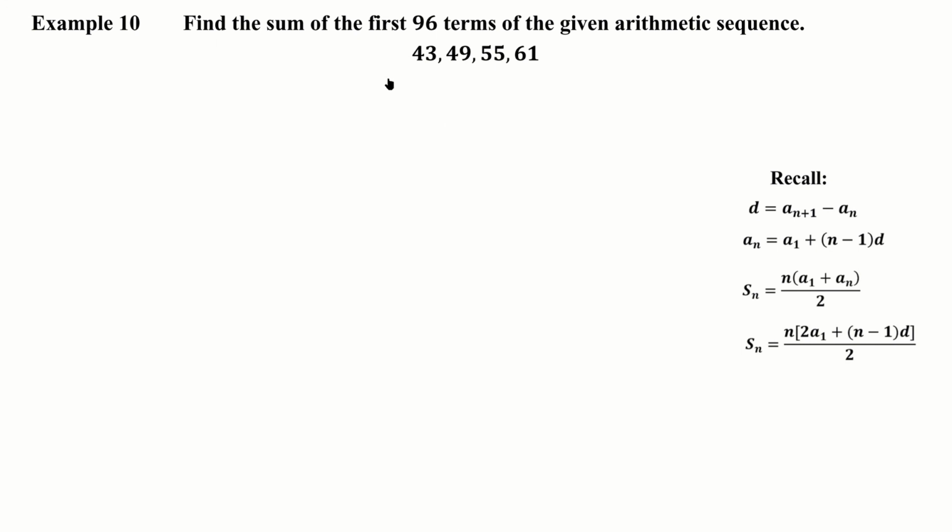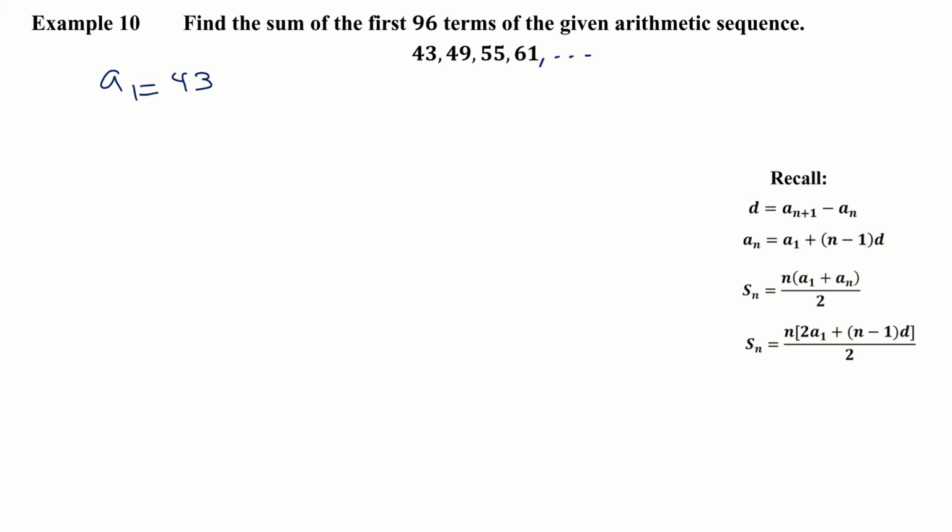All right, so for this example, we want to find the sum of the first 96 terms of this sequence given here. Now, this sequence, of course, keeps going because obviously it has at least 96 terms. So here we should go ahead and put a comma and then an ellipsis to indicate that the pattern is continuing. All right, so what do we know? Well, we know a1, don't we? a1 is 43.